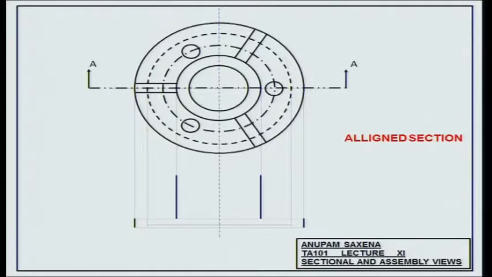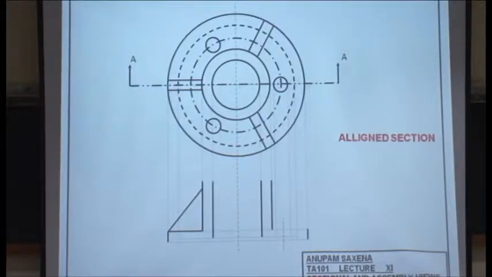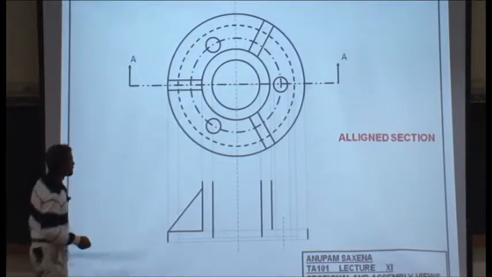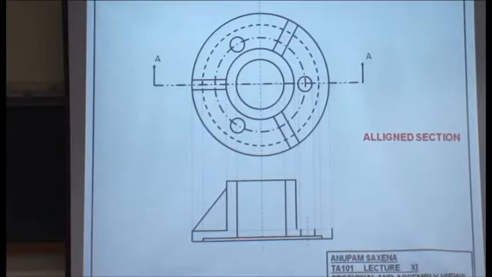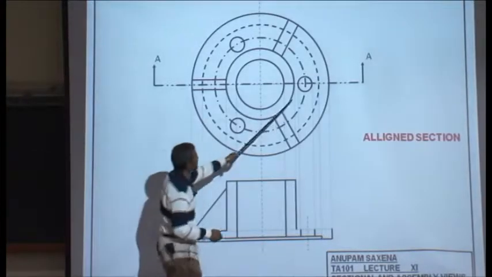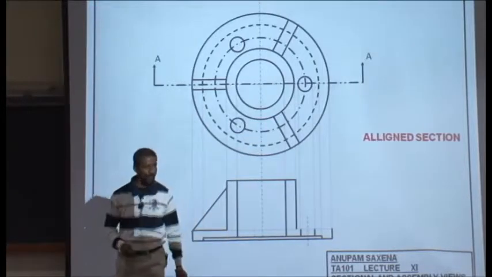I'll take the projections, I'll get the cylindrical feature. I'll get this rib. And I'll get this hole. All right.